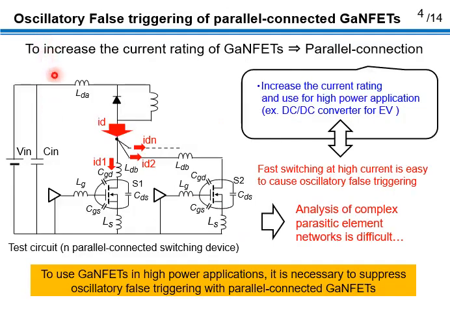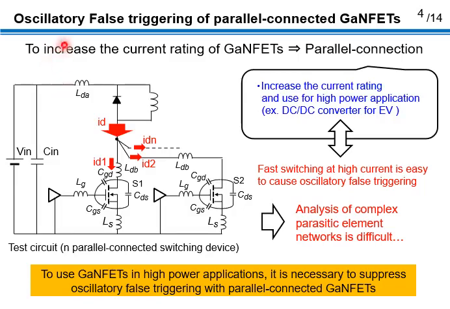This presentation is an extended version of the suppressing method of oscillatory false triggering on the previous page. We focused on the use of GaN-FET in high-power applications. Currently, there are no GaN-FETs with high current rating.